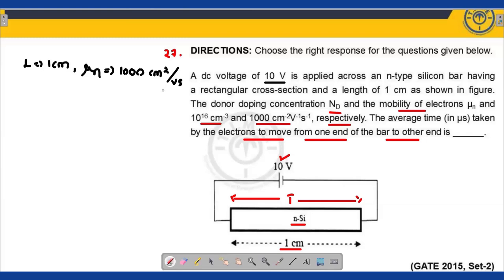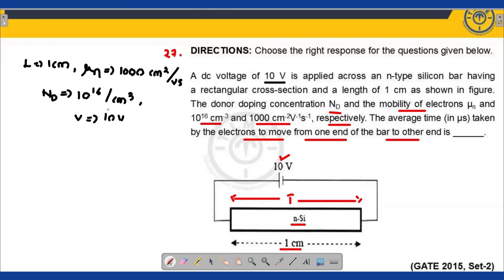Very, very important is this mu n value and ND value, which is equal to 10 power 16 per centimeter cube. He has given all these particular values, my dear friends, and voltage V equal to 10 volts.